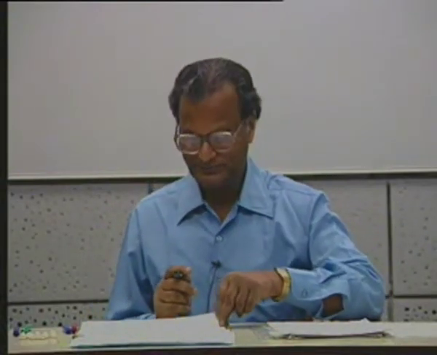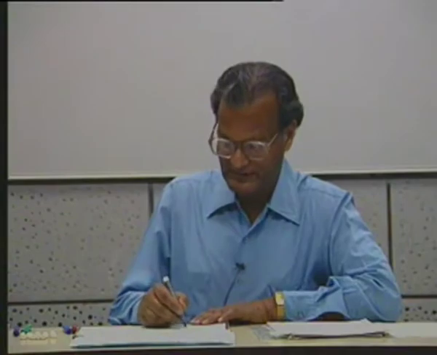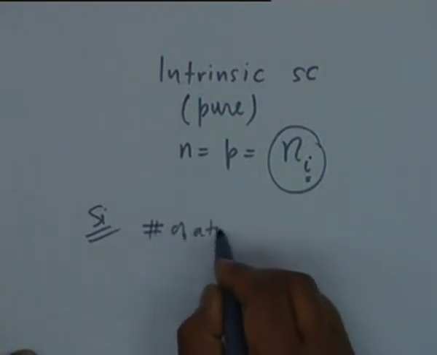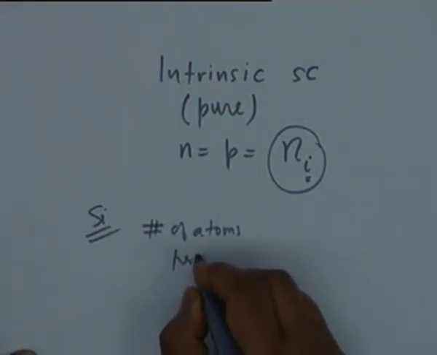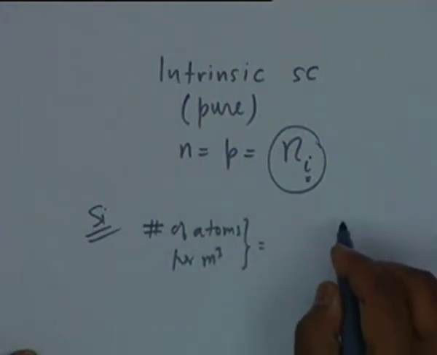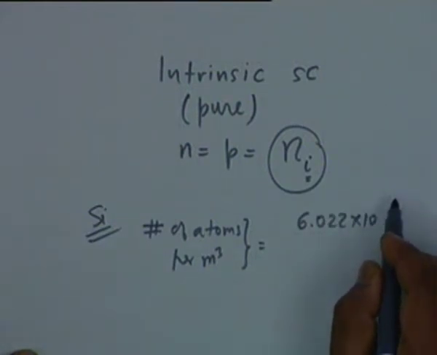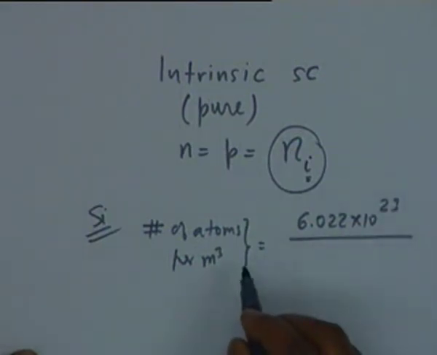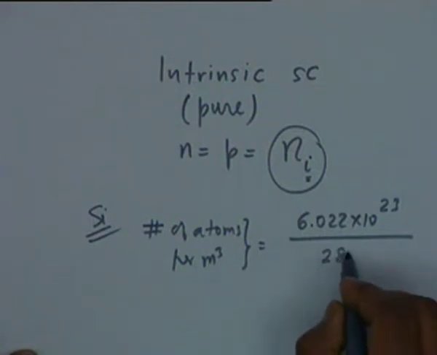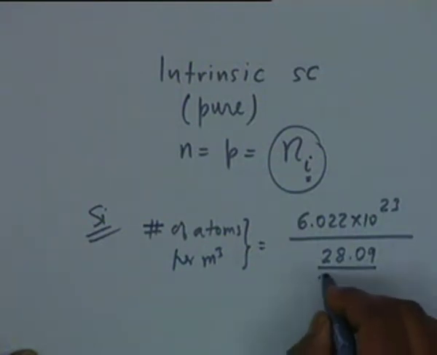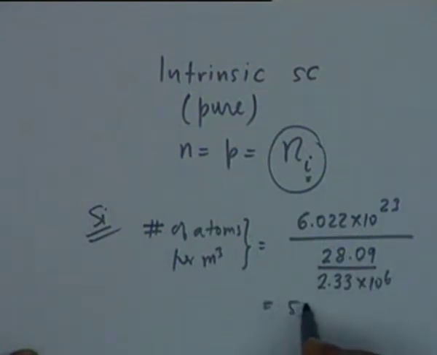Now, if we take silicon, for example, you can find out that the number of atoms per unit volume per meter cubed is the Avogadro number, that is 6.022 times 10 to the 23, divided by the atomic weight, which for silicon is 28.09, divided by density at room temperature, which is 2.33 times 10 to the 6, and this is simply equal to 5 times 10 to the 28.